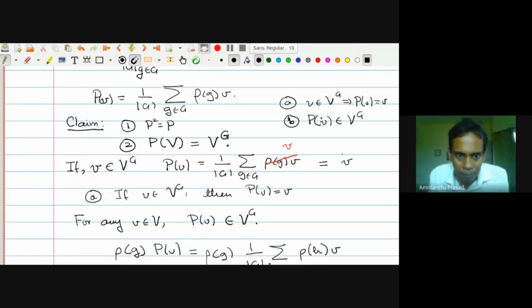And if you combine these two, then it's saying that P squared is equal to P.